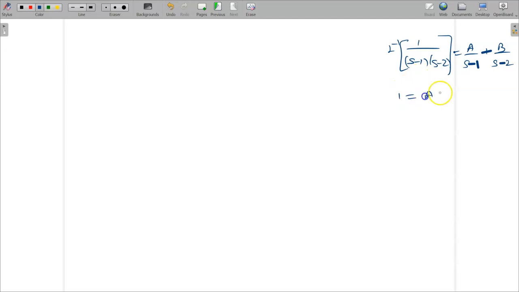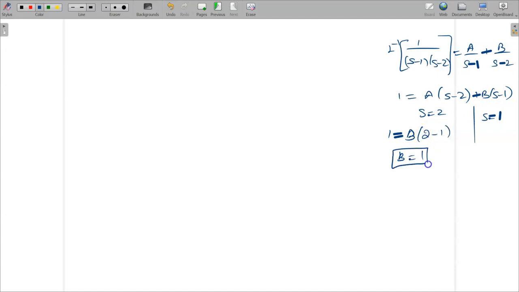So 1 is equal to, just cross multiply, substitute s equal to 2, substitute s equal to 1. When I substitute s equal to 2, this term gets cancelled, so only B will be available. So B equals 1. Substituting s equal to 1, 1 - 2 is -1, so A equals -1.